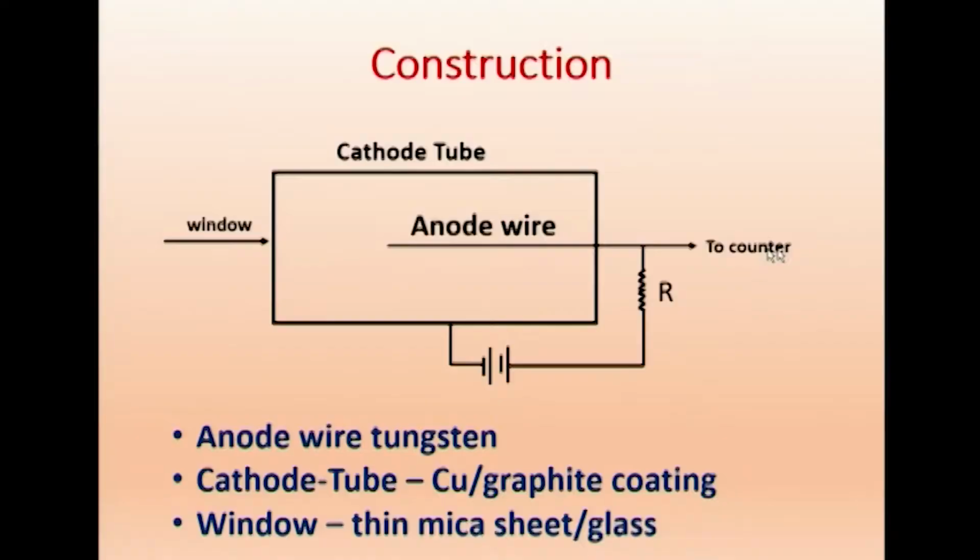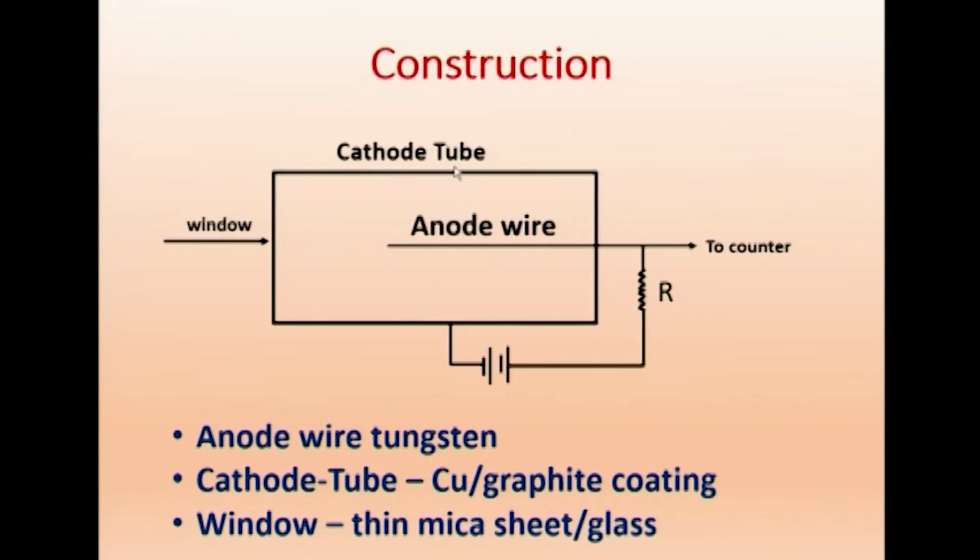At the center we have a thin wire, which is insulated and will not be in contact with the tube. This wire is connected to the positive of the battery, and the cylindrical chamber is connected to the negative of the battery through a resistor R.